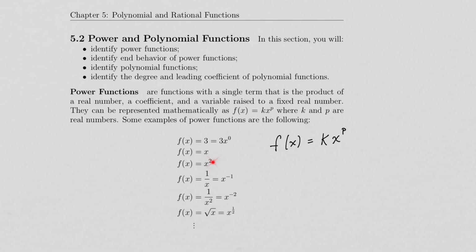Or x squared, a quadratic function, where the coefficient k is 1 and the power is 2. But also things like the reciprocal function, 1 over x, so now p is negative 1. Or the reciprocal squared, f of x equals 1 over x squared, where p is negative 2 and k is 1. Or the square root function, where p is 1/2, because k and p can be any real numbers.